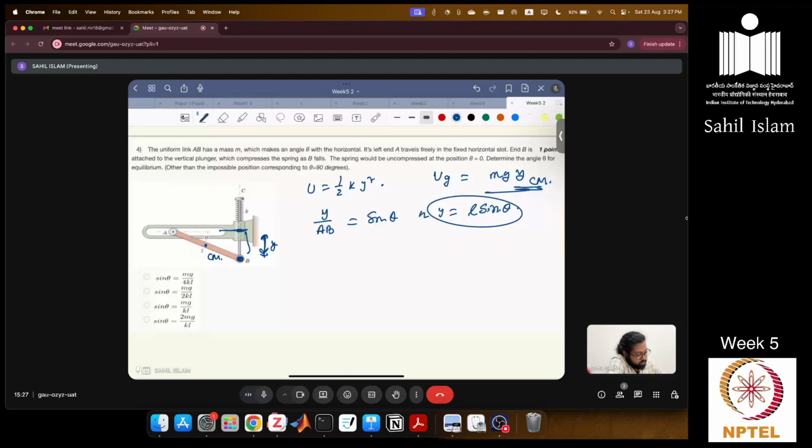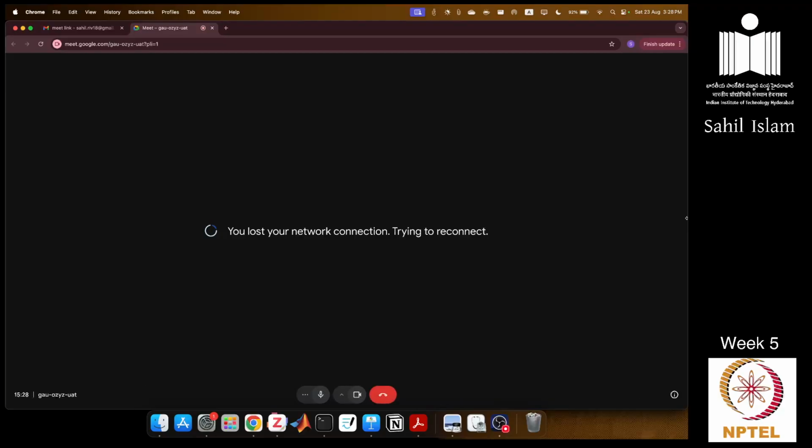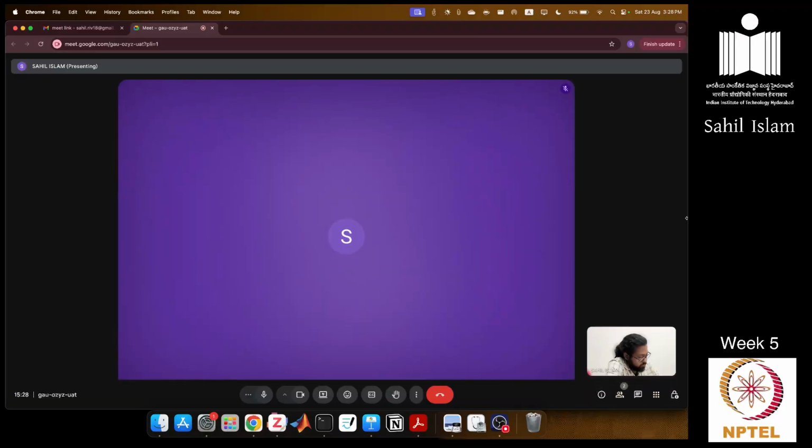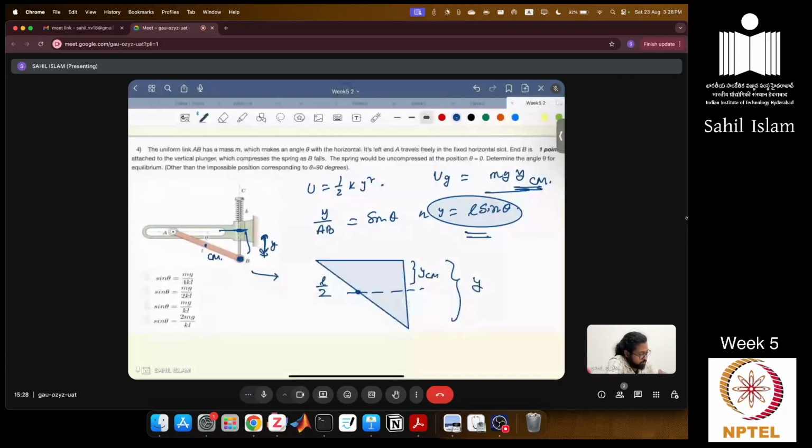Now I'll redraw this picture for you guys to understand it easily. I am drawing this whole thing as y, but the center of mass is at L by 2. This thing is y center of mass. So this is our theta angle.